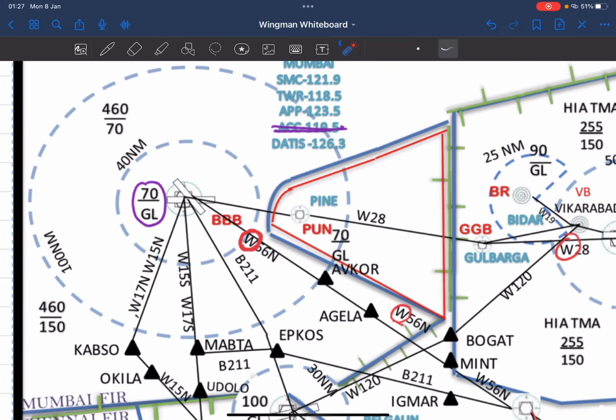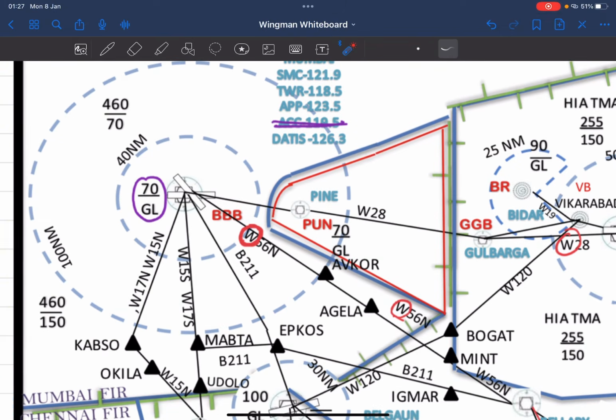So 70 is the lower limit of our approach. But does the upper limit of approach match the lower limit of area control? No. So we're going to convert this and write it as 70 and 150.